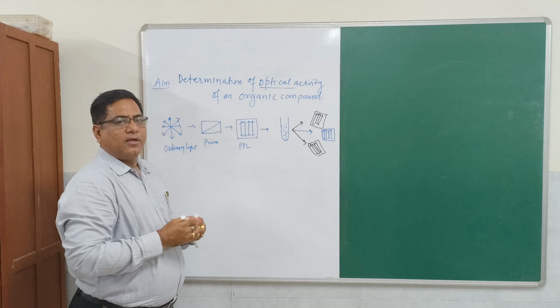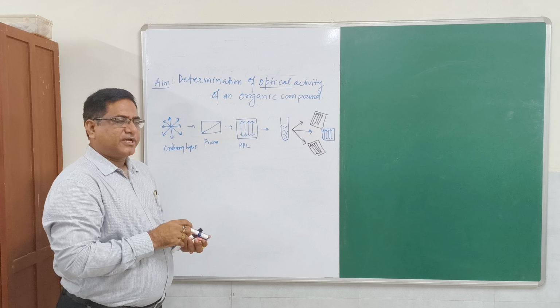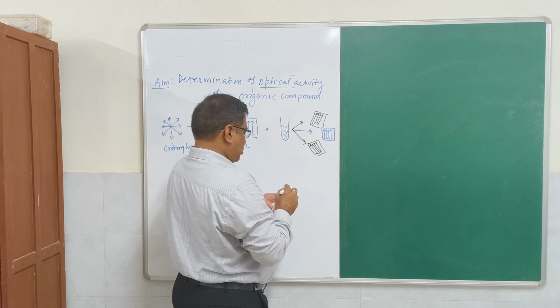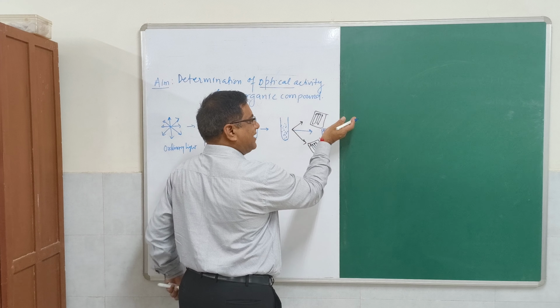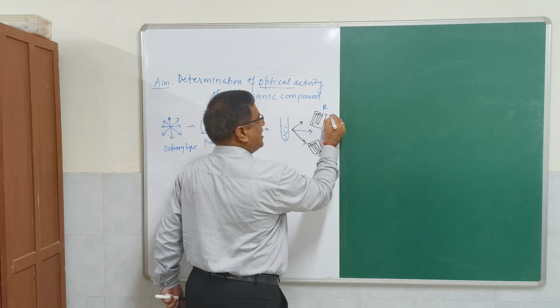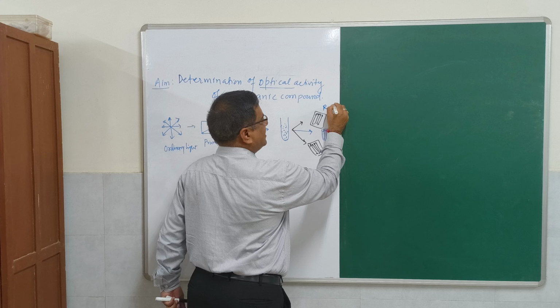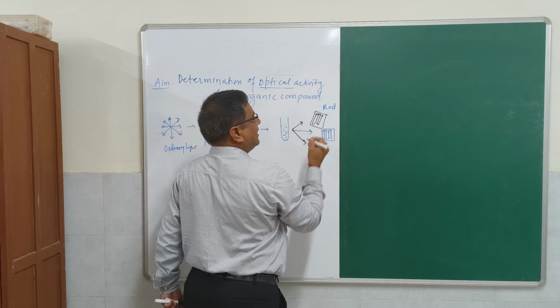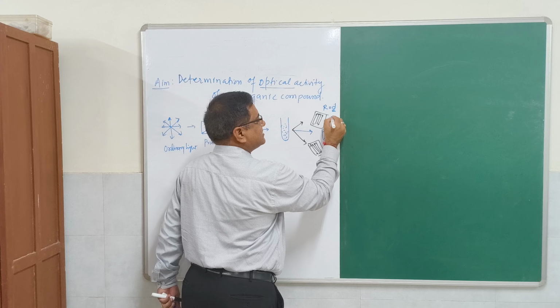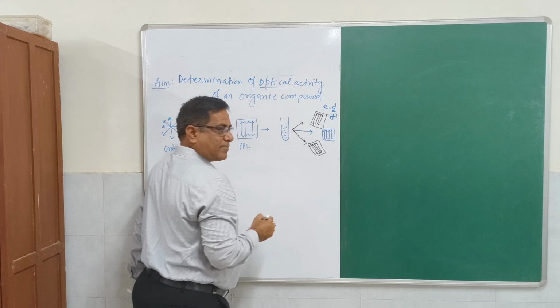In optically active substances, those that rotate the PPL to the right are called dextrorotatory compounds. It is designated as D, and the sign is positive.